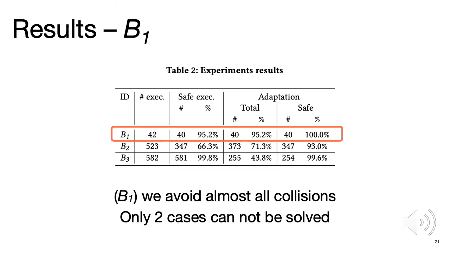And then for the results of benchmark 1, we can see that it can avoid almost all the collisions. Only in 2 cases it can't solve. That is because in these cases, we have to change the weights at the very beginning. But at that time, we don't have any cost values, so we cannot analyze this and decide which weights to use.